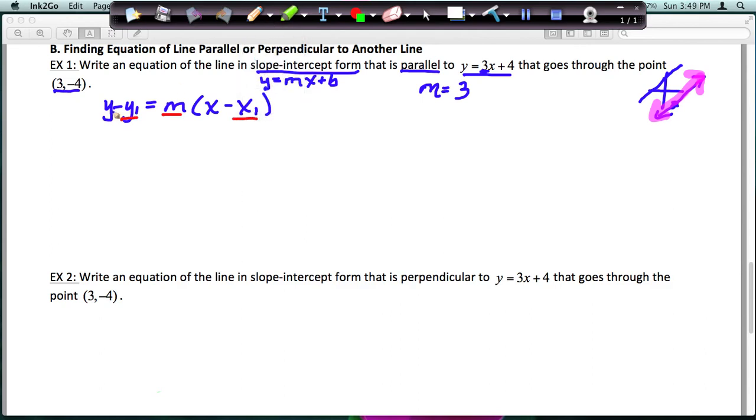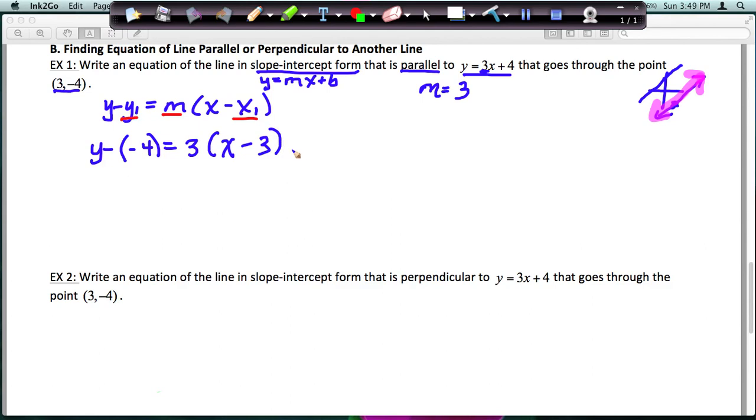So first write the y and the minus sign so that you don't forget that there is a minus sign there. And then my y1, my y value of my point, is negative 4. Since I have two negatives here, I'm just going to put that in parentheses. Equals, plug in your slope, which we already said was 3, x minus, and your x value is 3.